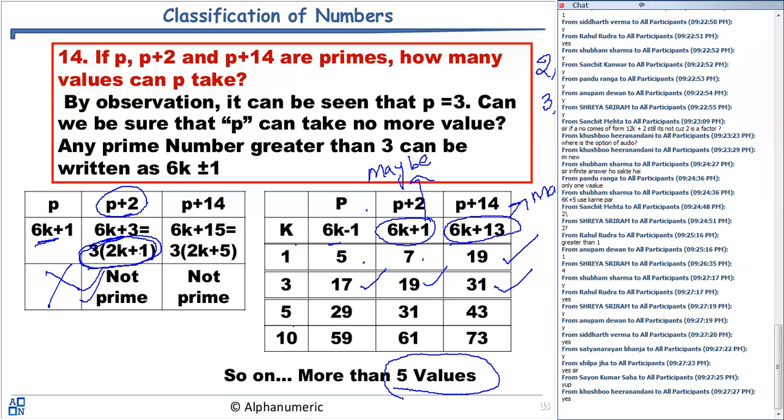So I'm moving to the next question. Since no one has asked any doubt, I'm assuming that all of you have understood this particular question.